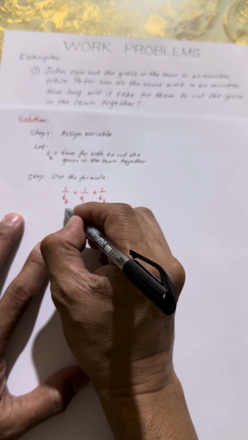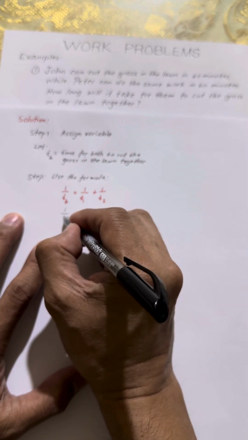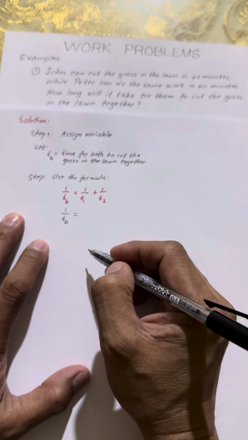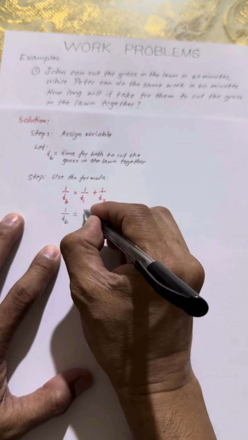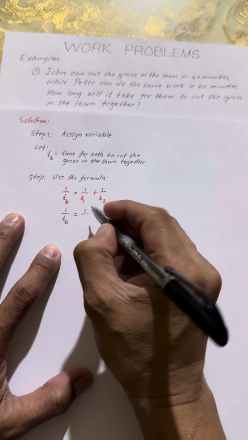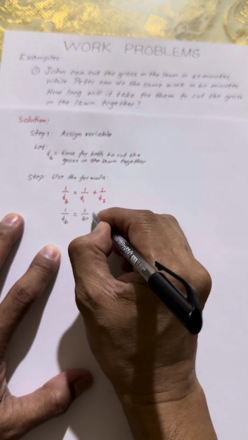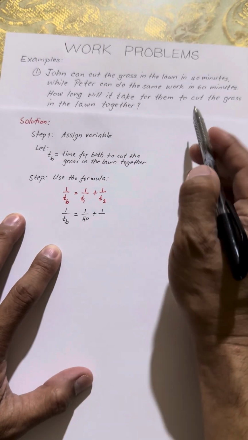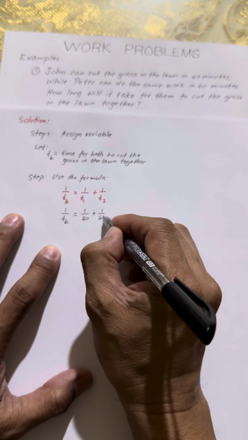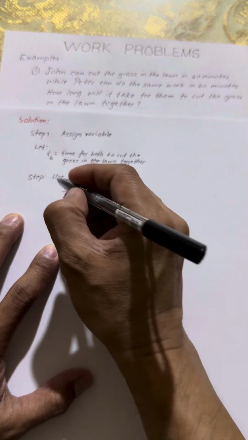Alright, so substituting, 1 over t sub b equal to 1 over, our t sub 1 is 40 minutes, plus 1 over, our t sub 2 is 60 minutes. So 1 over 60. Okay, that's our step number 2.